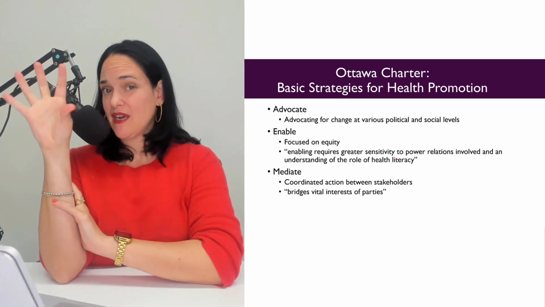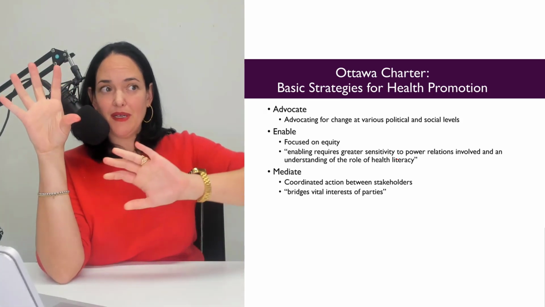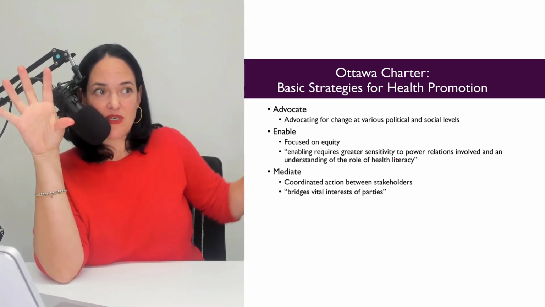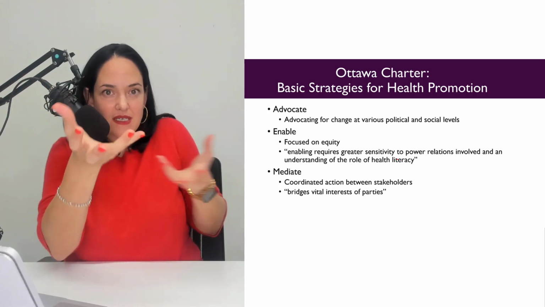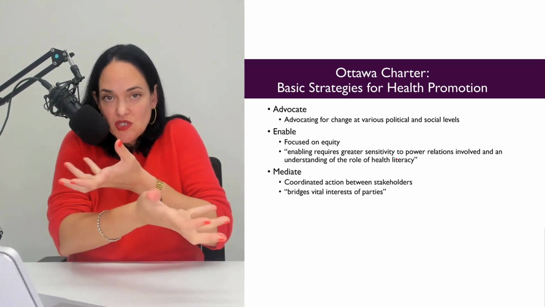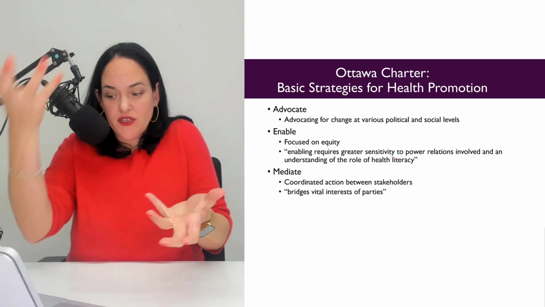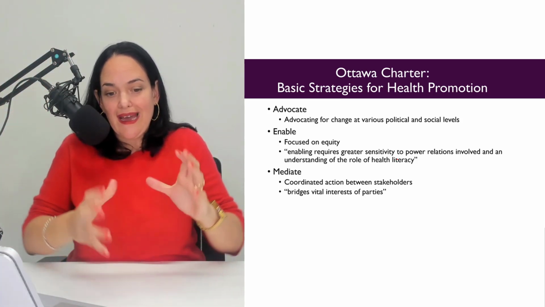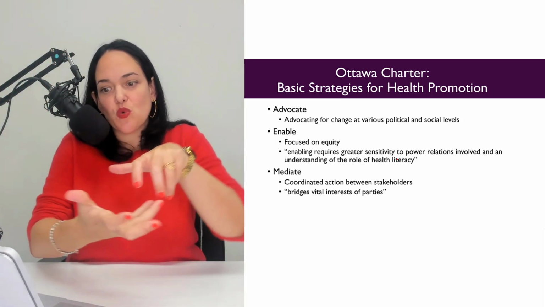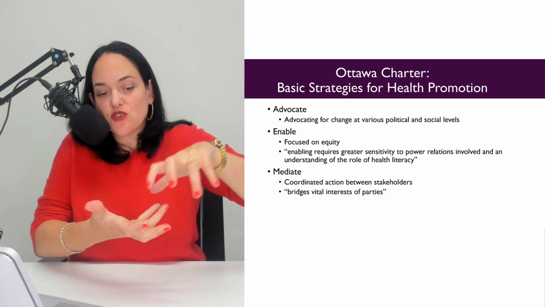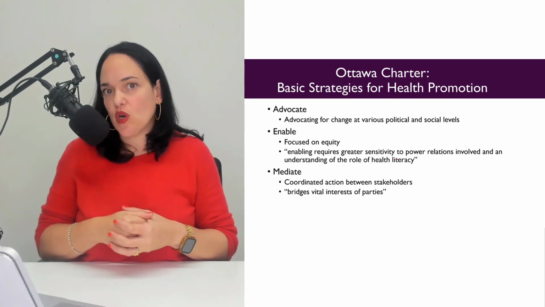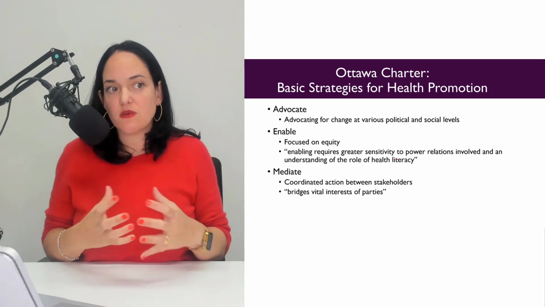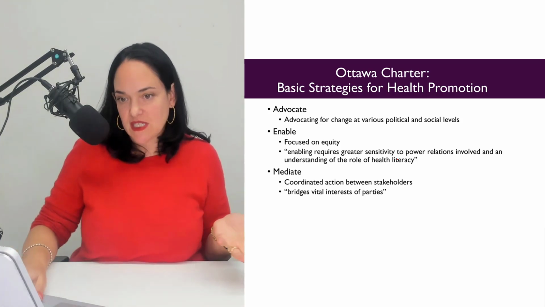Well, yeah, Health Canada has an influence in that, but what about the food industry and their role in that? How do we mediate between different interests? Because we have all these different competing interests. How do we find a place between that, bring interested parties together so we can have, again, more of these coordinated efforts towards health promotion that have a better chance of success?